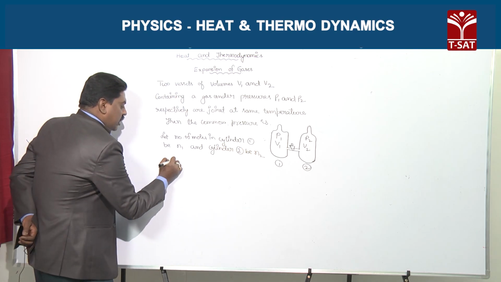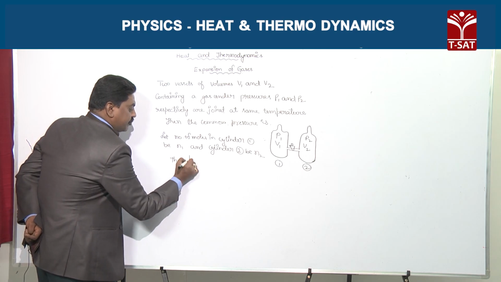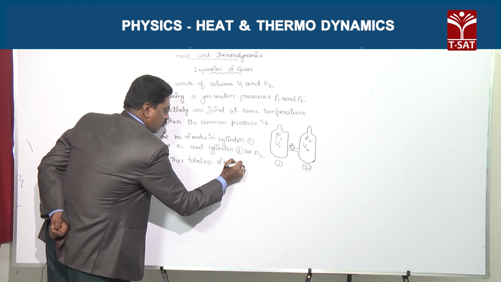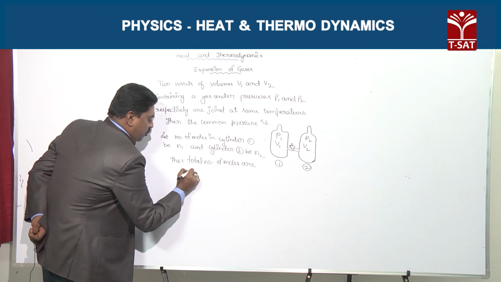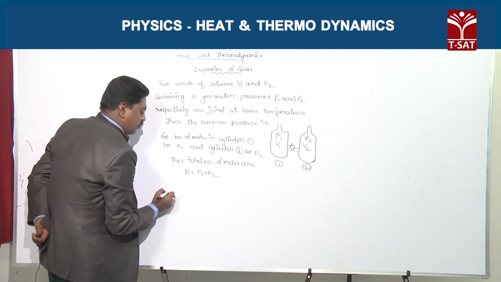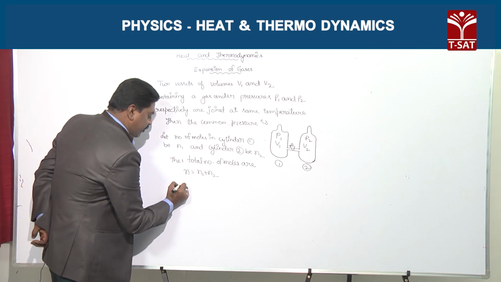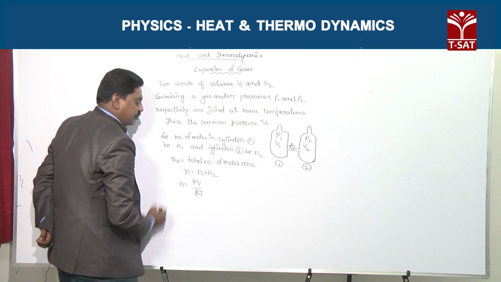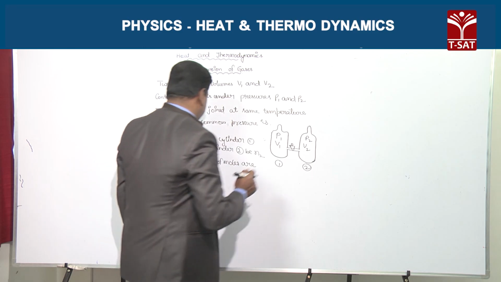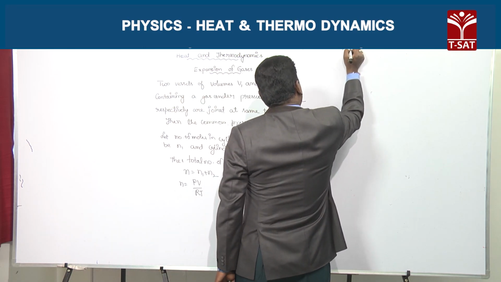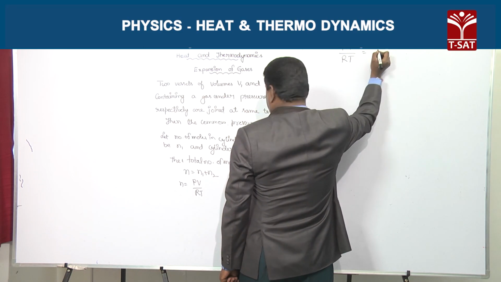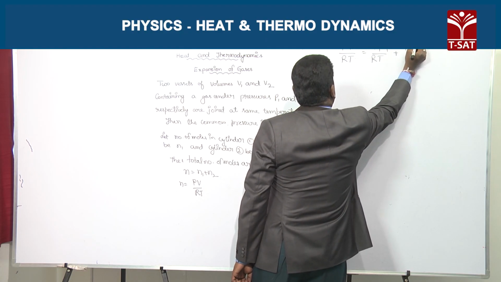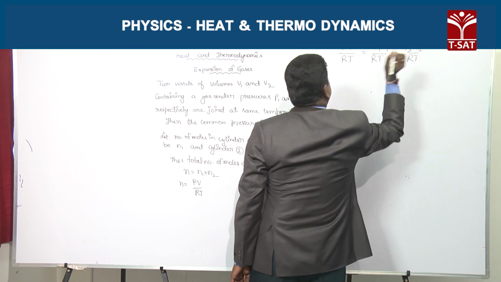N2. The total number of moles are N equals to N1 plus N2. From ideal gas equation we have N equals to PV by RT. On substituting we have PV by RT is equal to P1 V1 by RT plus P2 V2 by RT.